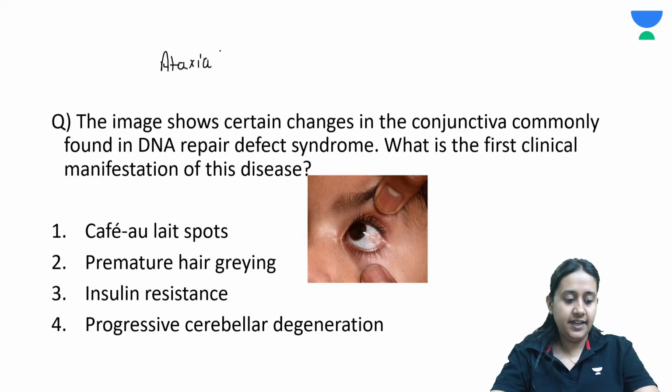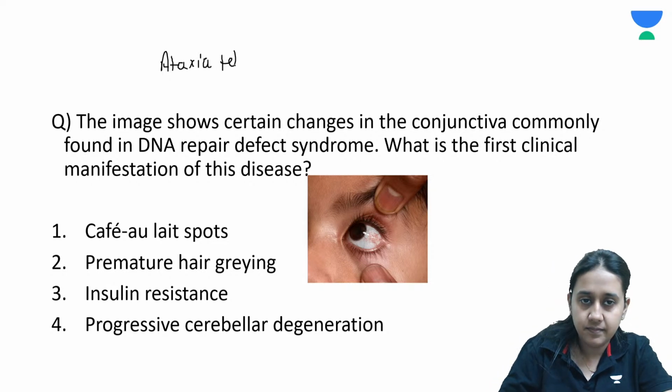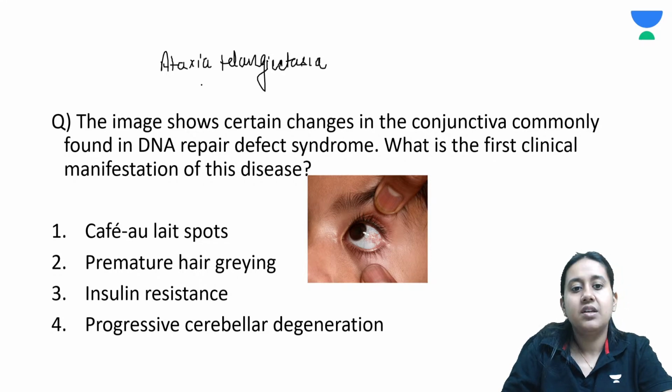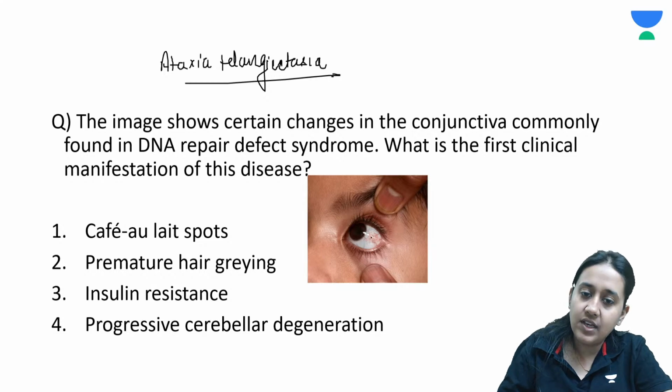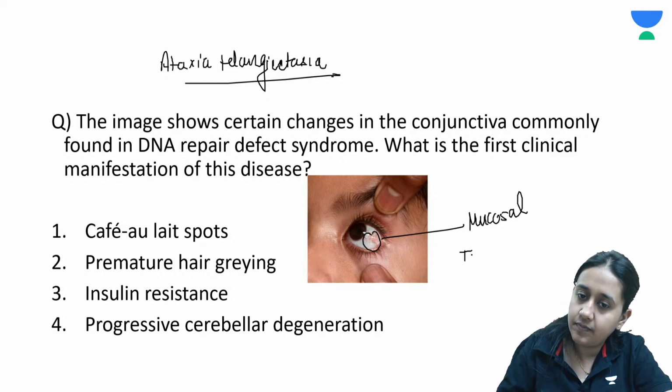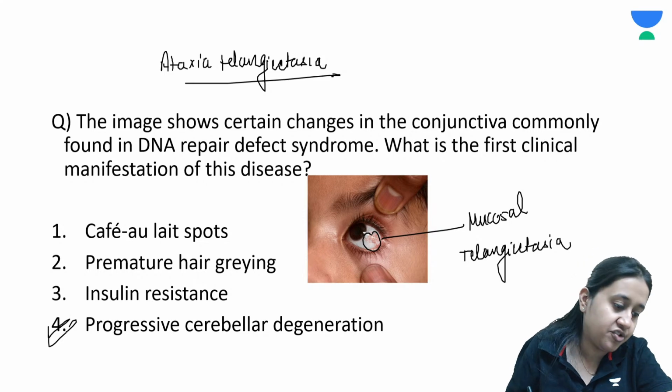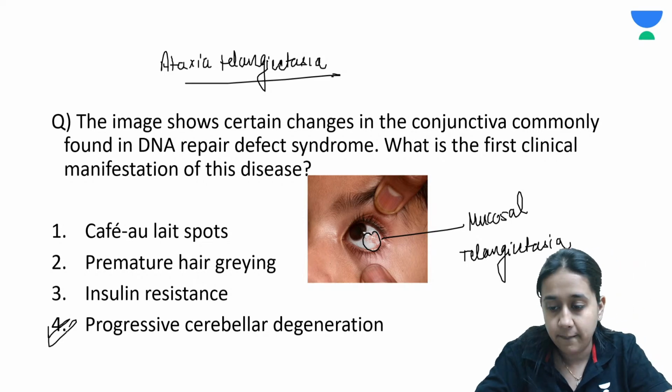It's a patient of ataxia telangiectasia. You can see that there is mucosal telangiectasia, and in these patients the first feature is progressive cerebellar degeneration giving rise to ataxia.